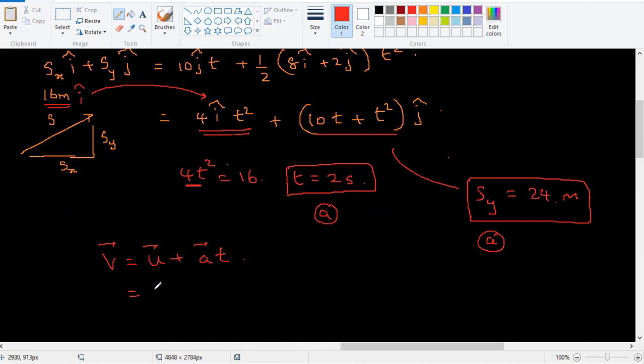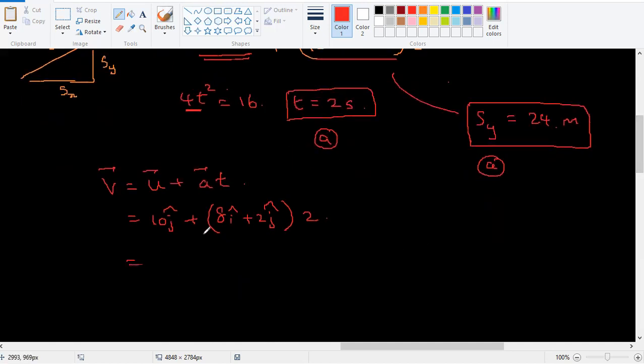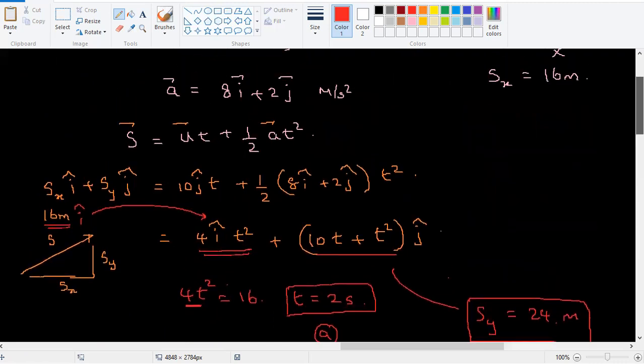So v is equal to u, which is 10j, plus acceleration, 8i plus 2j, into t. t is 2 seconds. So I'll get 16i, and 4 plus 10 will give me 14j. So that will be my velocity.